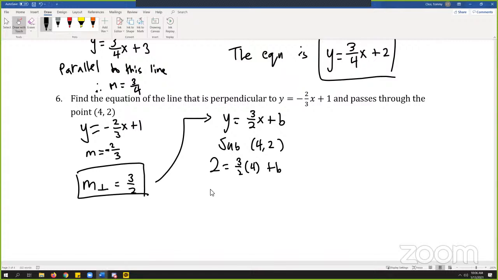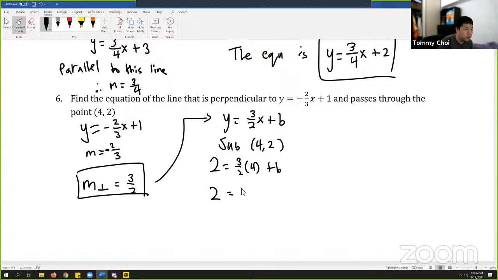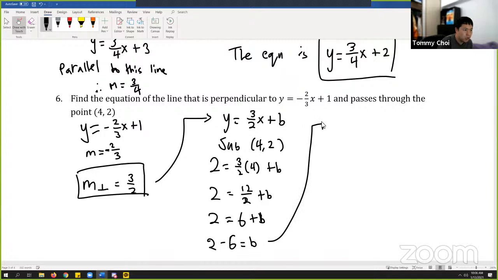So now, solving this out, we're going to get 2 equals 12 over 2 plus b. 12 over 2 can be simplified before you move it, if you can make it easier for yourself. 12 over 2 simplifies to just 6. And then moving the 6 to the other side, I get 2 minus 6 is equal to b, which gives me -4 is equal to b.